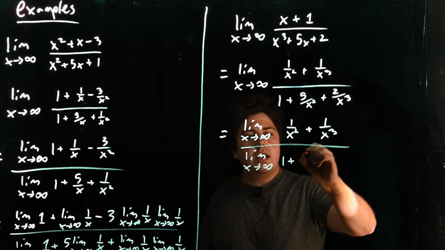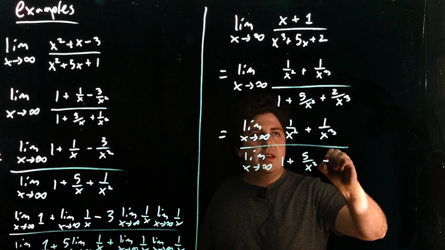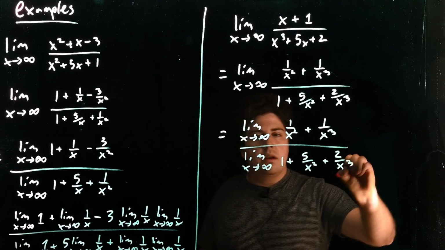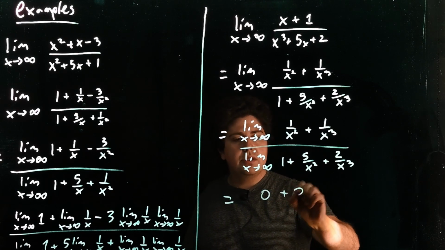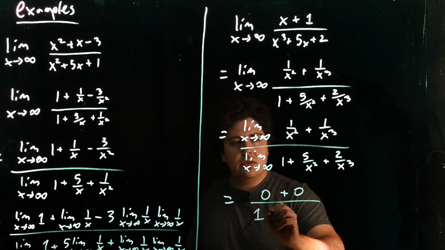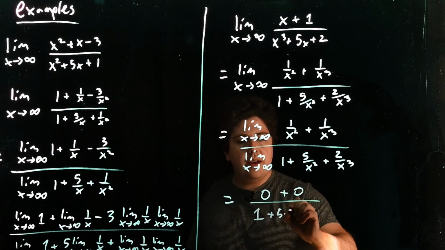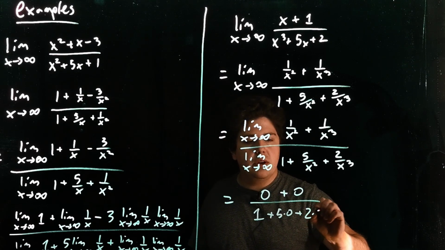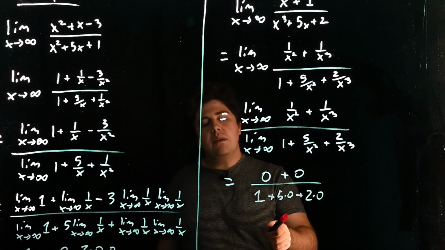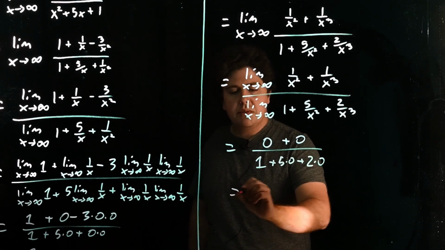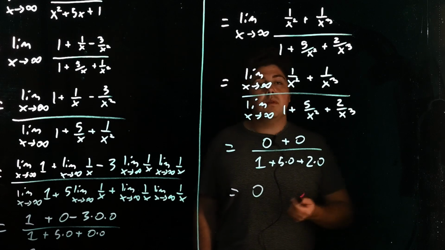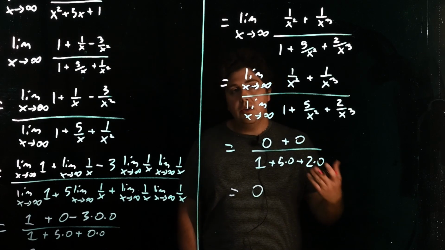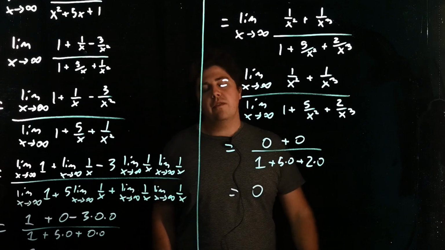And as I just said, we can now plug everything in to get upstairs 0 plus 0 and downstairs 1 plus 5 times 0 plus 2 times 0. But it doesn't really matter what's downstairs because we have a 0 upstairs and this limit is going to be 0. So this is how we use the limit laws to compute limits at infinity, very similarly and just as easily as how we use them for finite limits.